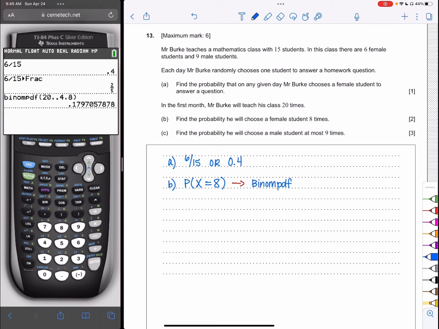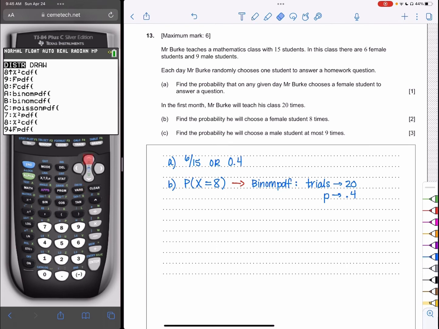Okay. So when you write it on your work, you want to tell them what you actually put in. So I'm going to put that my trials was 20. My probability was 0.4. And then my X value, let me make sure I'm writing everything that I put in the calculator. My X value was 8.